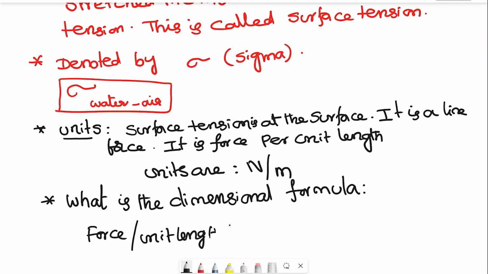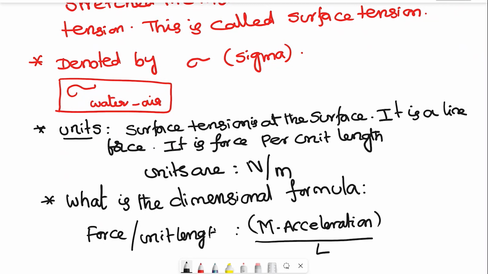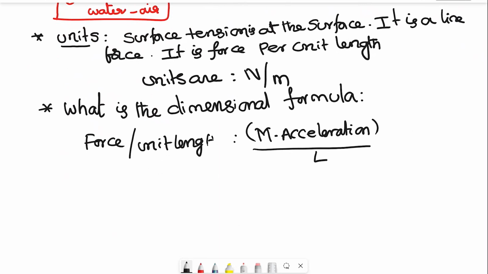Force per unit length means force is mass into acceleration by length. Acceleration is meter per second square, so M L T^-2 divided by L. So the dimensional formula is M T^-2.